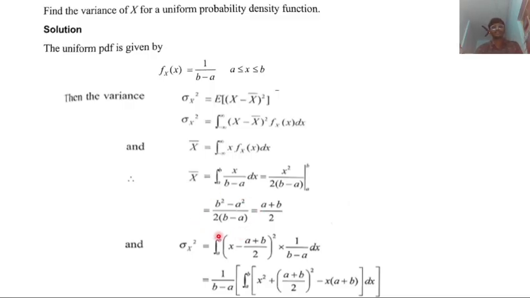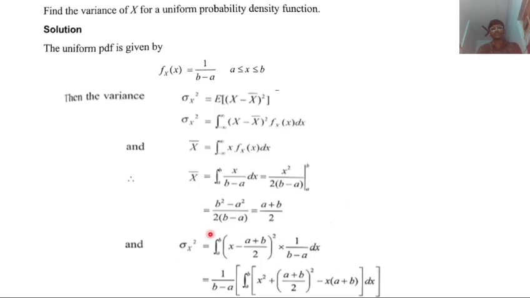On expanding this, finally we get x bar is equal to a plus b by 2. On substituting x bar into the equation, we get sigma x square is equal to the integral from a to b of (x minus (a plus b) by 2) whole square times 1 by b minus a dx.